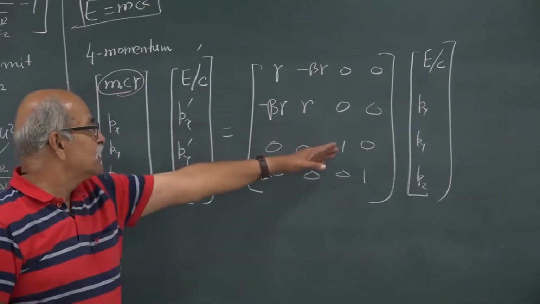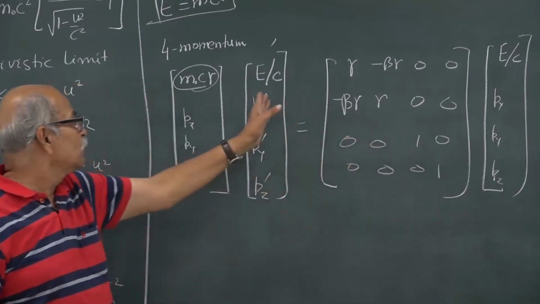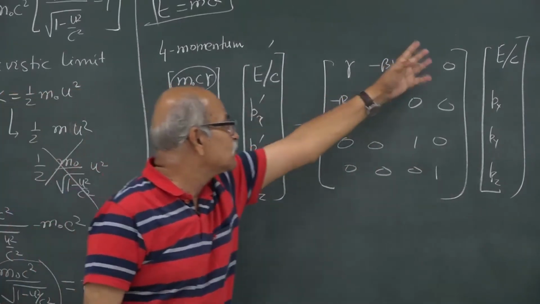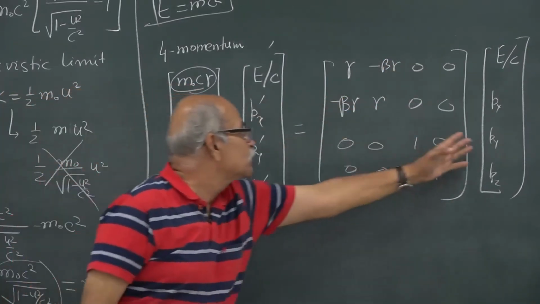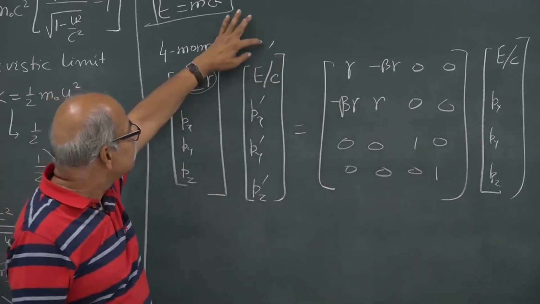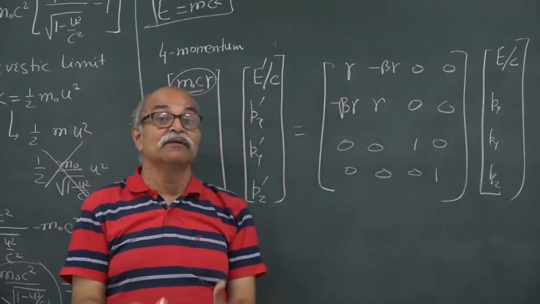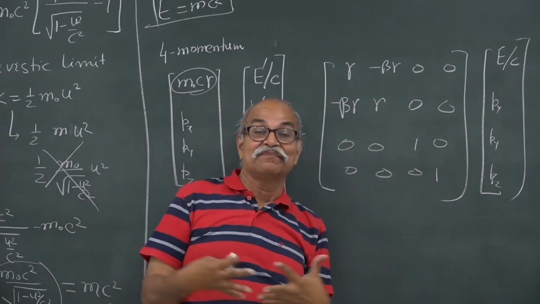Okay, so this is how they will transform. If your frame is moving along the x axis, you know how to write Px prime in terms of these, Py prime will be equal to Py, Pz prime will be equal to Pz, and how to write this E prime in terms of these. They get mixed up, energy and momentum get mixed up.